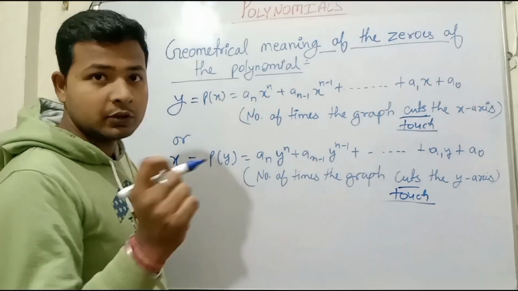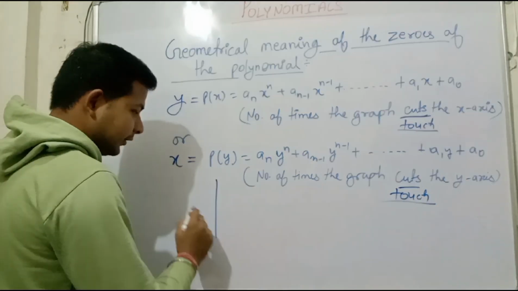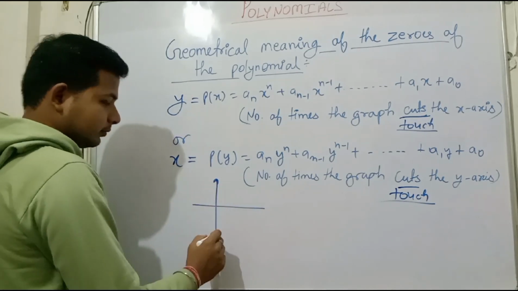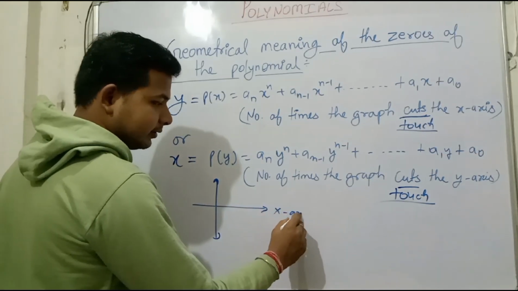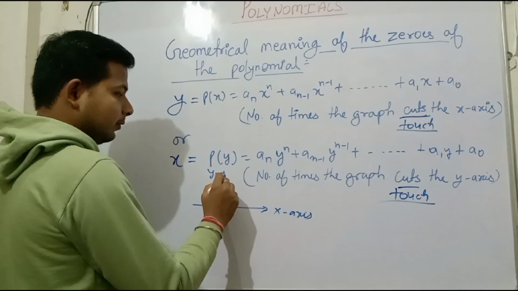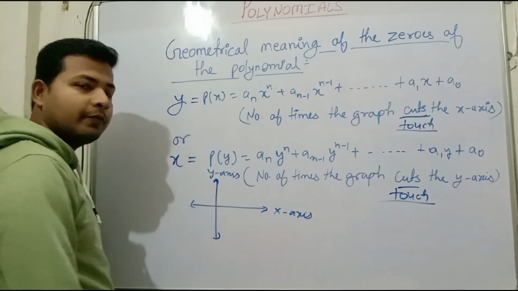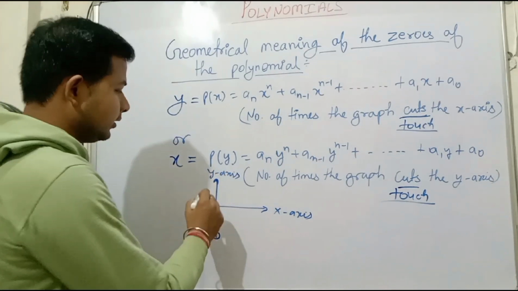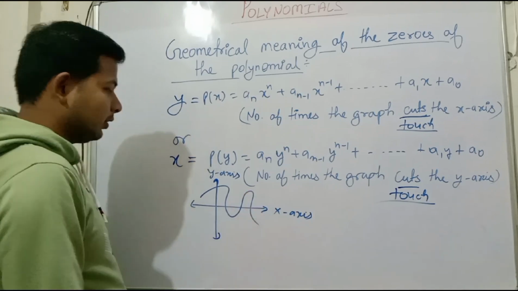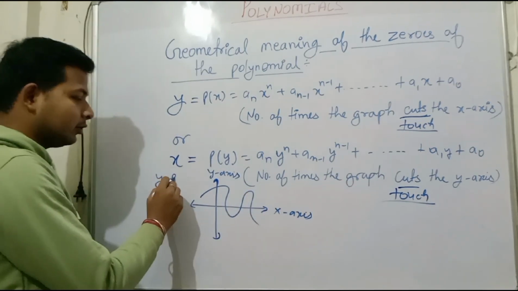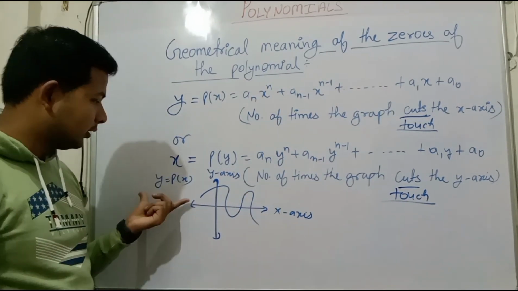Similarly, if you want to understand it with an example, let us see. This is the x-axis, this is the y-axis. If your question is like the graph is in the form of y equals p(x).